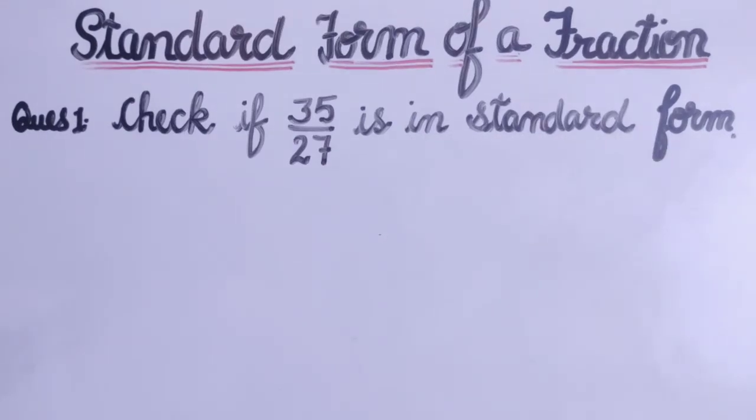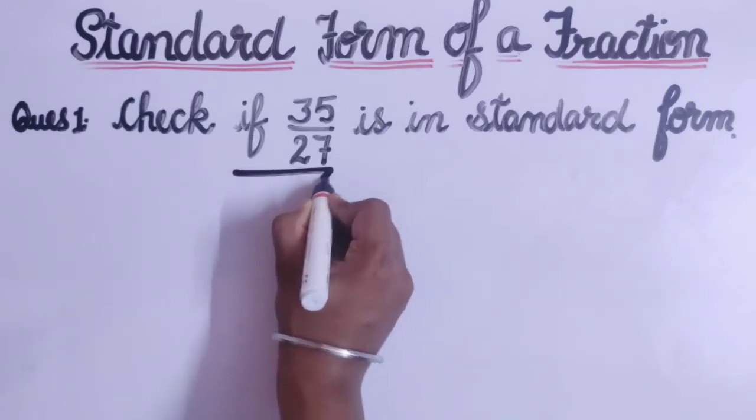Now students, it's your wish. If you want to find out the HCF by prime factorization, you can find it. If you want to find out by long division method, it's your wish, right? So I will find out the HCF by long division method.